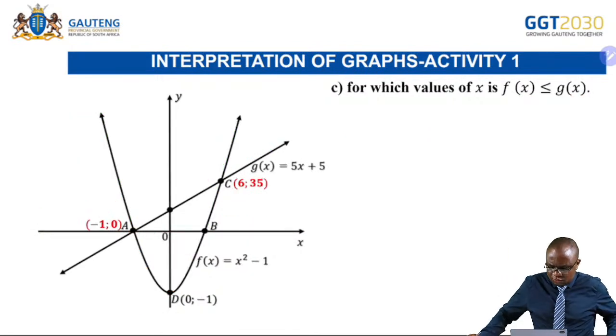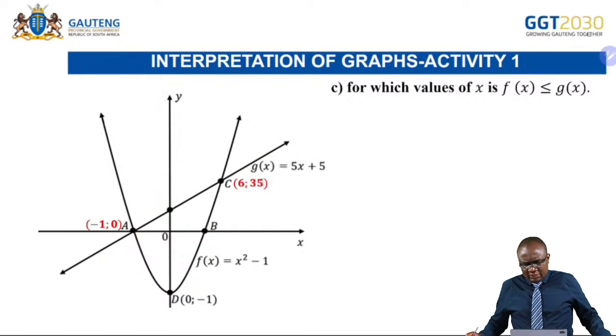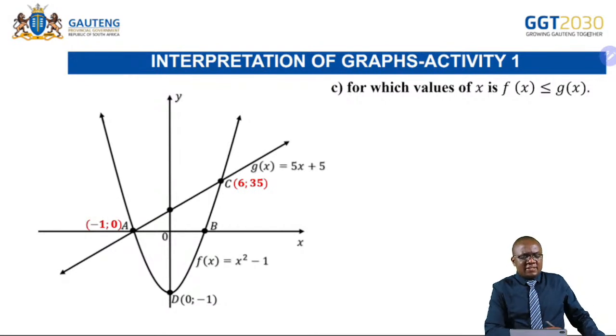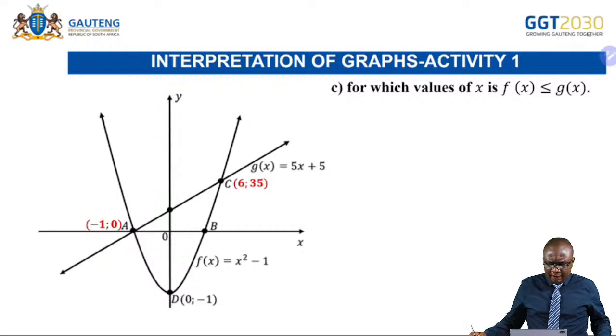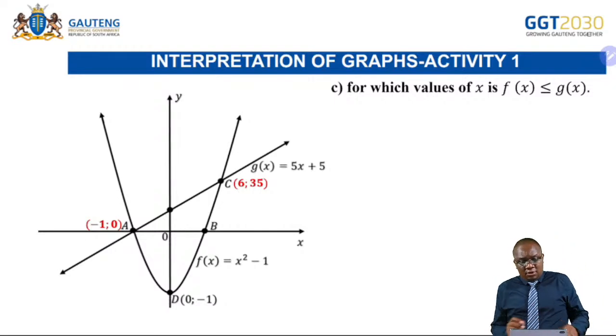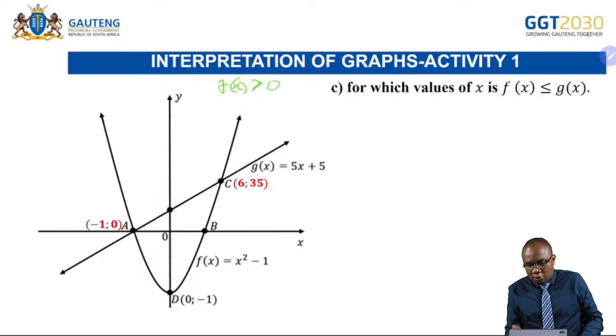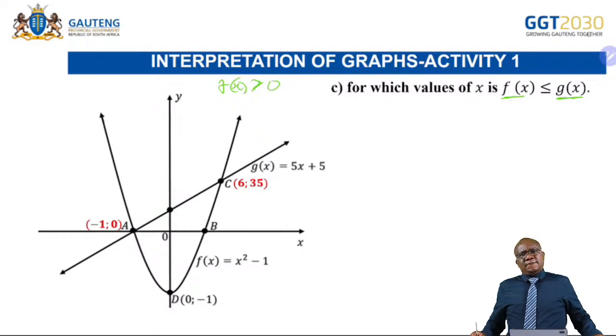Now let's go to the next one. For which values of x is f of x less than or equal to g of x? Okay, now you are comparing the two graphs. The previous one was f of x greater than 0. Now we are comparing f of x and g of x, the two functions.